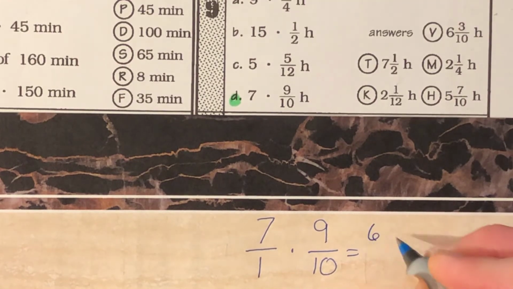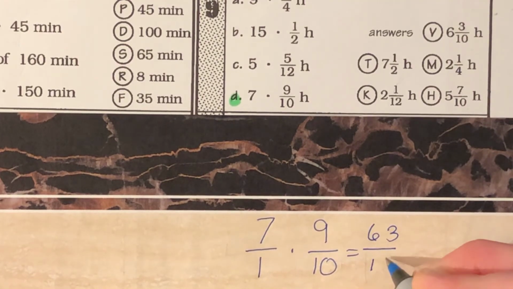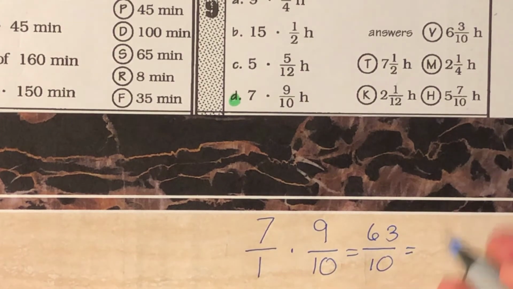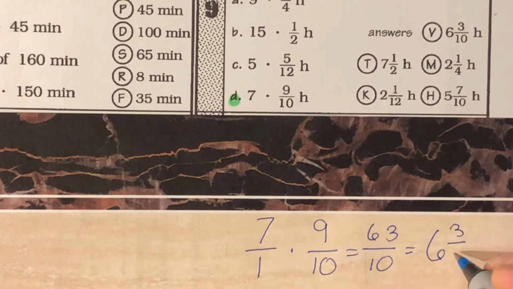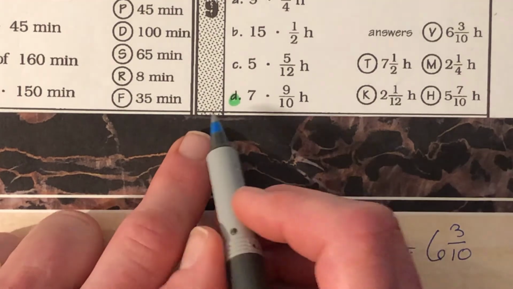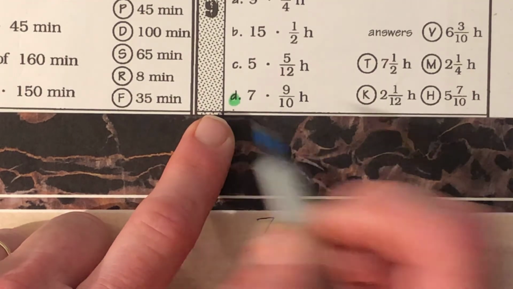Gives me 63 over 10. That is not reducible, but I can convert it. 63 divided by 10 is 6, with 3/10 left over. So 6 3/10 would be the height. So 9D is V.